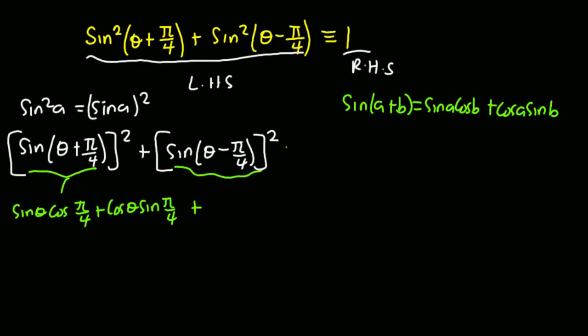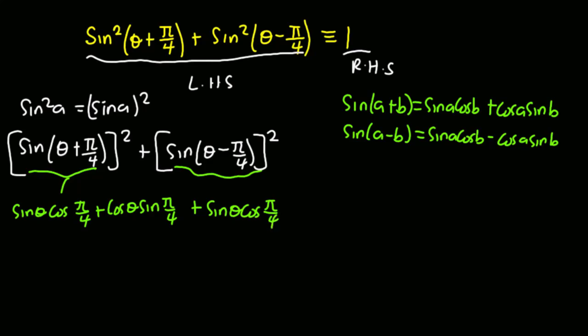To expand this, we are also going to apply sine of A minus B is the same as sine A cos B minus cos A sine B. So this gives me sine theta cos pi on 4 minus cos theta times sine pi on 4.